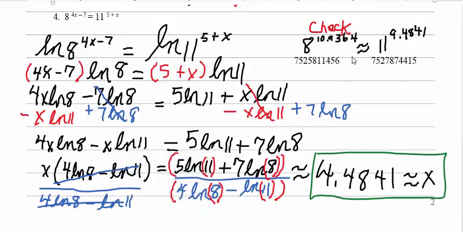And I'm going to use my calculator, and I see that both sides are approximately 7.5 billion. They're a little different because we are approximating, but they are approximately equal.